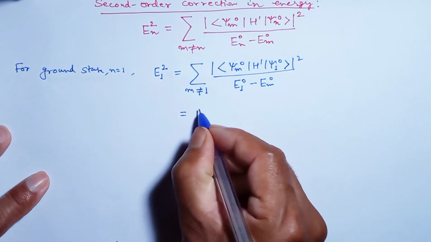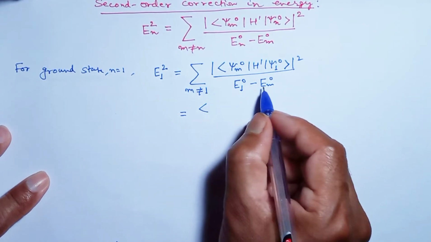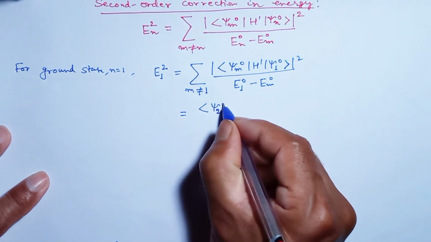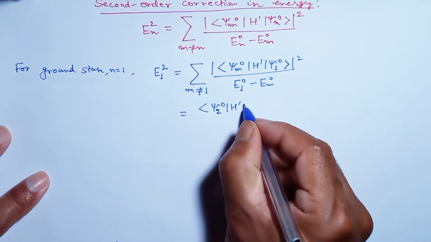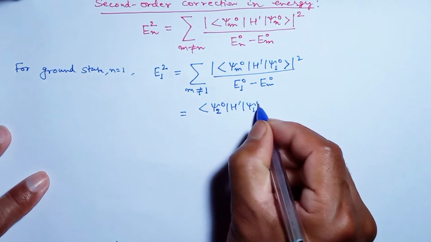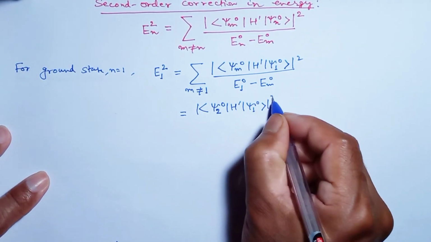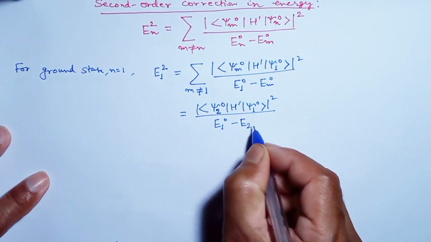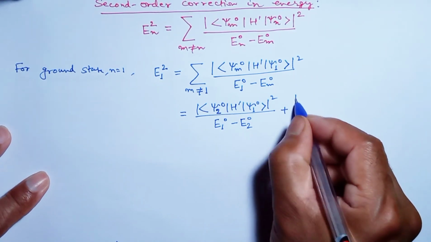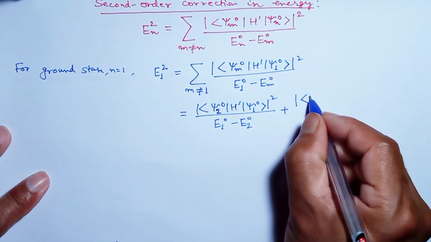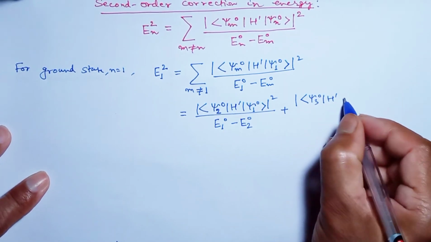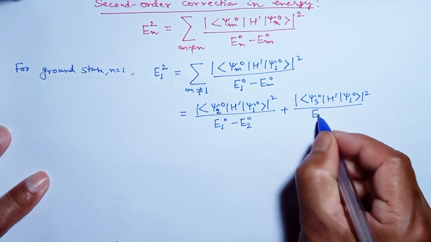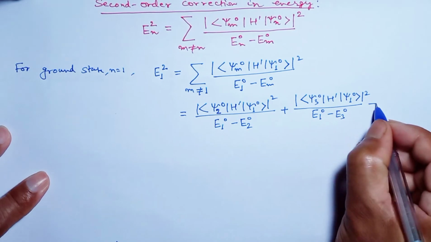So this may also be written as summation, writing m equals 2, then 3, it will be mod square of psi 20 H prime ket psi 10, then E10 minus E20, plus square of mod of psi 30 H prime ket psi 10 square upon E10 minus E30, plus and so on.